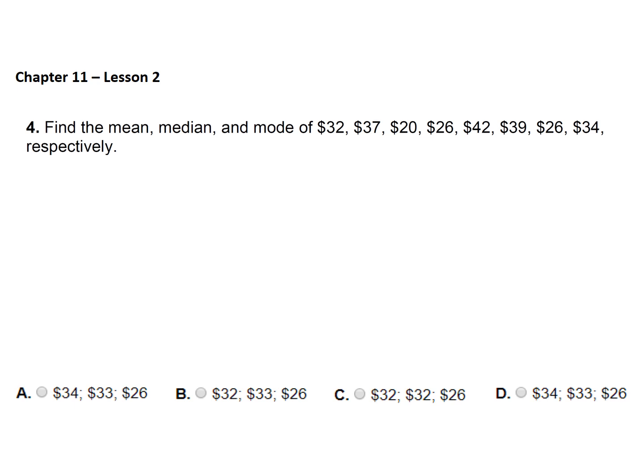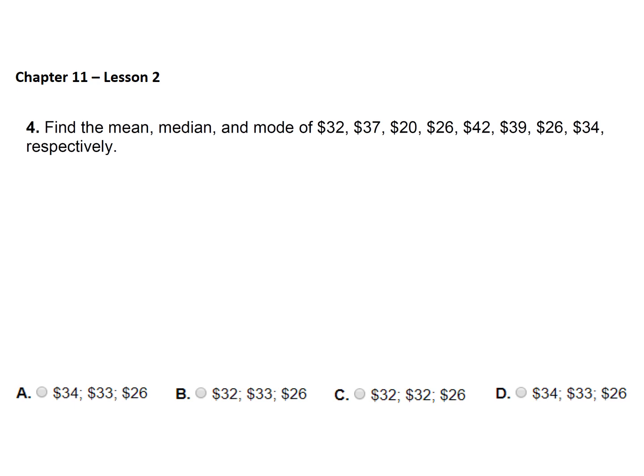Question number 4. Find the mean, median, and mode of $32, $37, $20, $26, $42, $39, $26, $34, respectively. Now, the best thing to do is to put these values in order first.